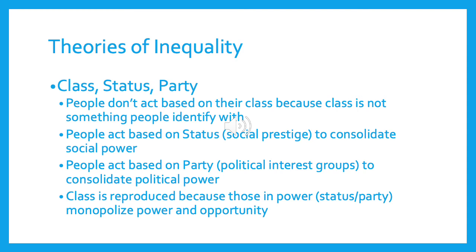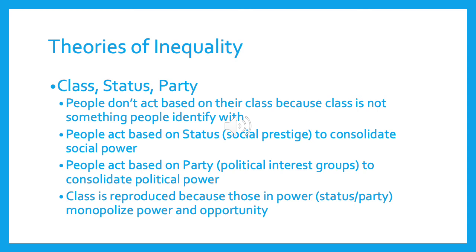And once I've done that and gained some political power, I might act in ways that would tend to consolidate that power. I might, for example, donate to a political action committee to try to get a particular candidate elected. Or I might lobby for certain pieces of legislation that would give my party more power.